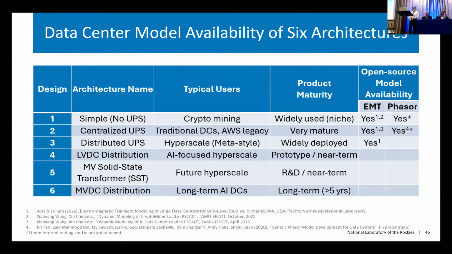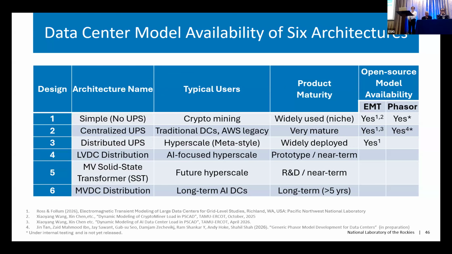So this is a table that summarizes the existing data center model availability. Here we list the 6 different architectures that are representative of data center architecture from now to the future. As you can see, we have crypto mining, which is a very simple architecture without a UPS.